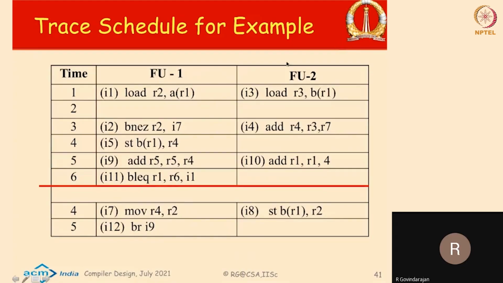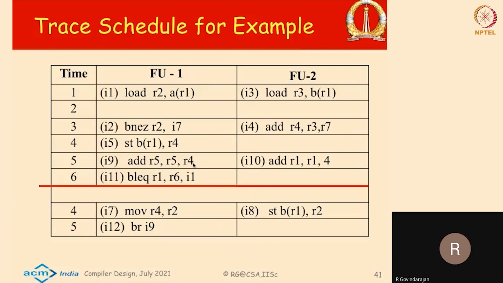I have two load instructions executed in parallel. Then the branch instruction and the add instruction are executed in parallel. Then the store instruction, which is the other instruction in the then part, is executed. The branch instruction is removed because I'm going to put the sequence of code just below that, so it's actually going to fall through. And then on the else branch, I execute instructions I7 and I8, and then I branch back into I9.